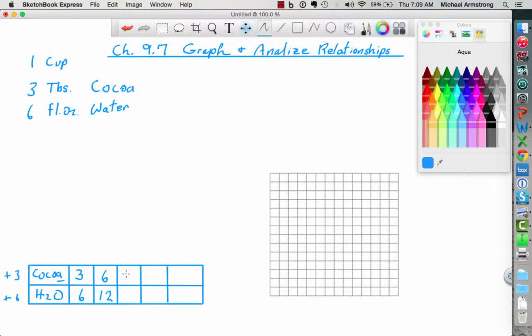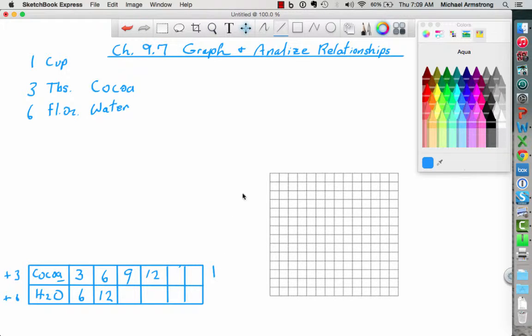So it's 3, 6, 9, 12. It looks like I need one more. I'm going to squeeze it in. The book, they skipped it. And a lot of times they do that on purpose because they need you to figure out the relationship, the multiplication relationship.